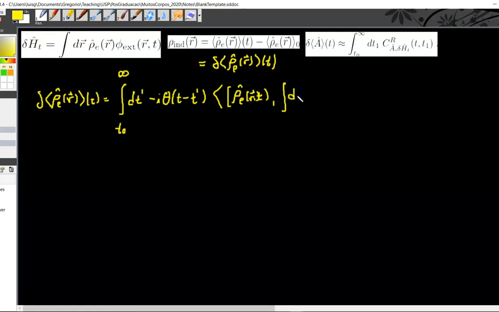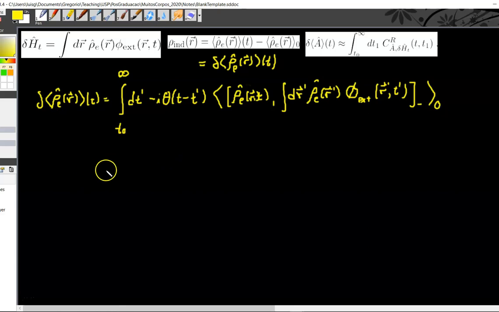Since I'm using r here, let's call this r prime, of the same density operator, the density, times, and of course, eventually the external field at r prime and at t prime, because this is evaluated at t. So then the commutator, that's it.